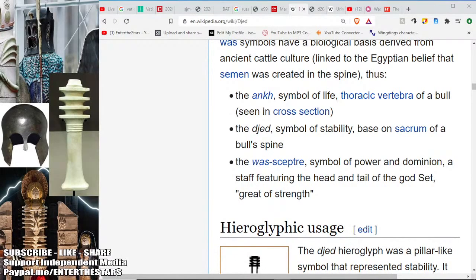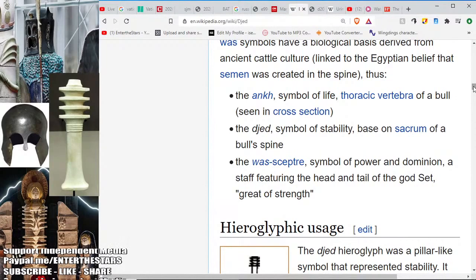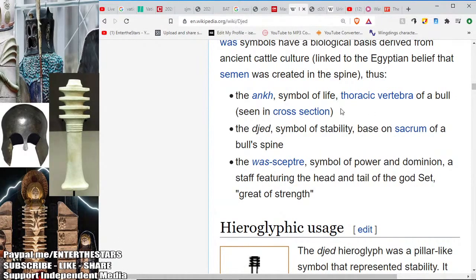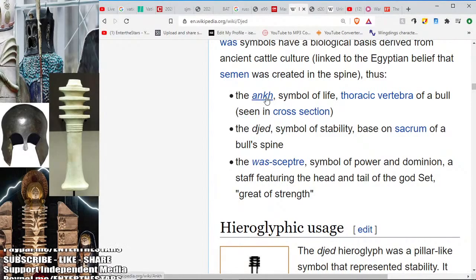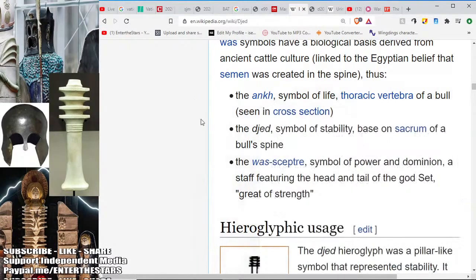Now, let's get into some more of these ancient Egyptian objects, because it's very weird when you think about how the ancient Egyptians worshipped the spine, the bull's spine. There are other parts of the bull's spine that they worshipped as well. The ankh, for instance, is modeled after the thoracic vertebrae of the bull.